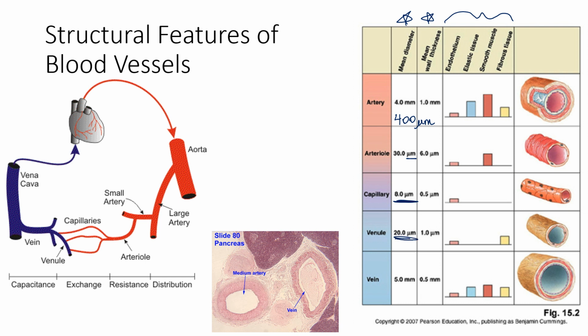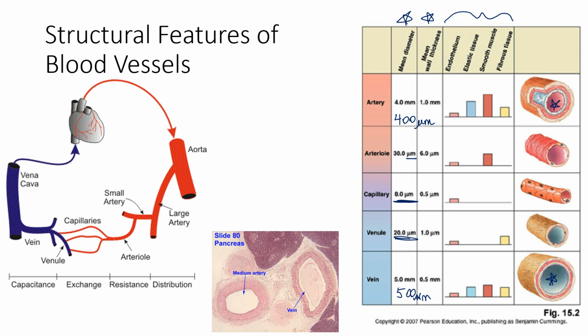So the venule is going to be 20 micrometers. And then for the vein, that would be, moving the decimal point, 500 micrometers. And you can see that the vein has a larger diameter than an artery does, which you can kind of see that the vein actually has the largest diameter blood vessel.